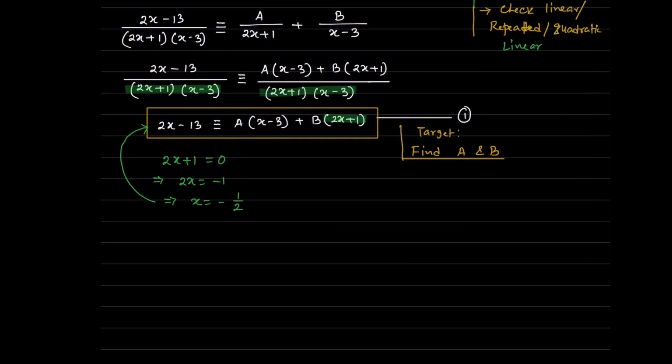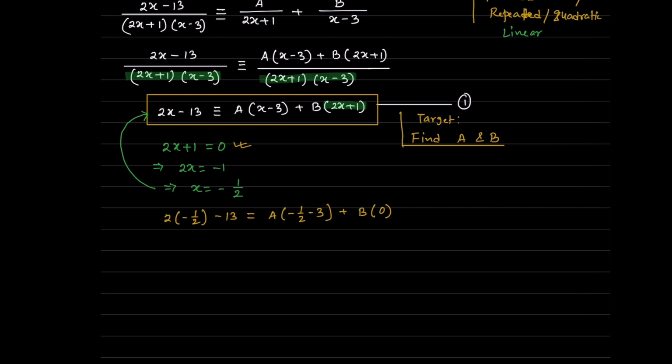If we put this x value here, we get 2 into minus half minus 13 equals a into (minus half minus 3) plus b times, because 2x plus 1 is 0, b times 0.